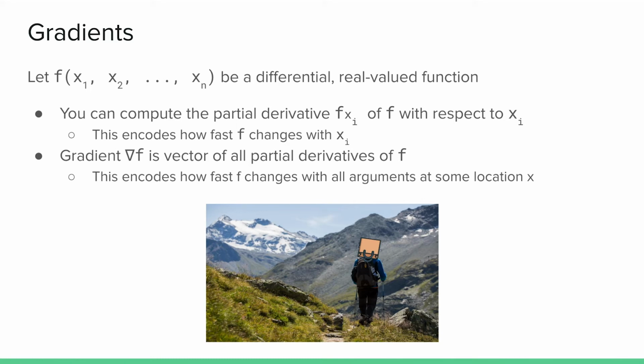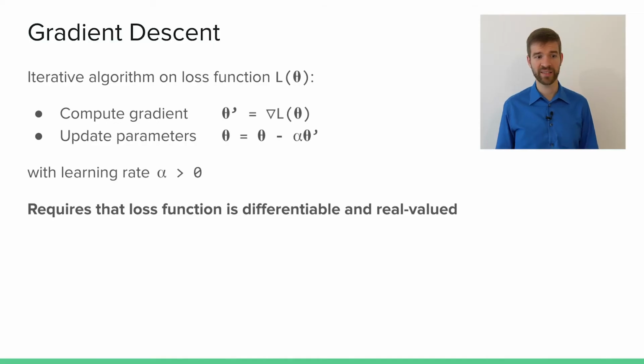And then we take one step into the direction that brings us down furthest and fastest, where we have the steepest descent. So we compute this gradient, and it points us in a direction in which we have to take a step. Gradient descent is the iterative algorithm that operates on the loss function.